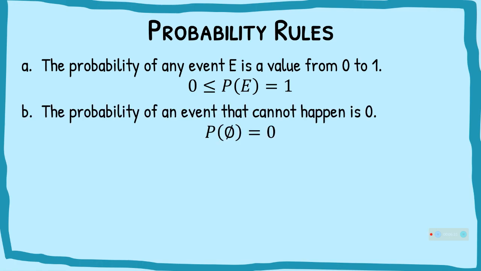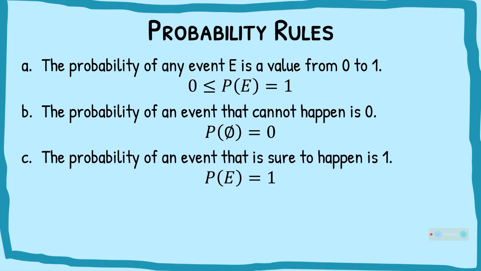Next, we have the probability of an event that cannot happen is 0. Okay? If it is impossible to happen, the probability is 0. Next, let us have letter C. The probability of an event that is sure to happen is equal to 1.